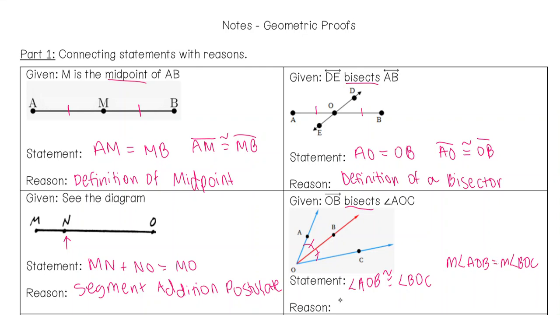And this is going to be from our angle addition, or actually not angle addition, excuse me. That's going to be our angle bisector definition. So we can cite the definition of angle bisector.